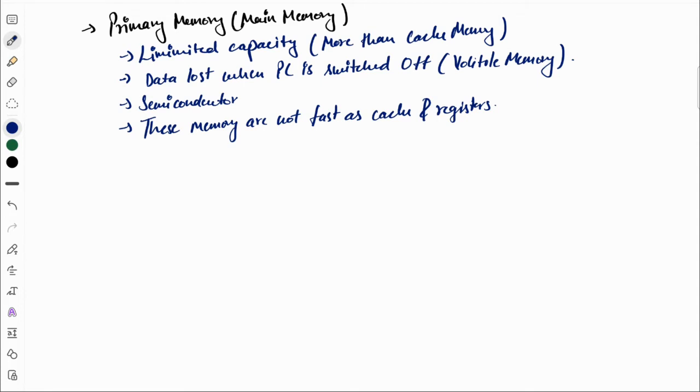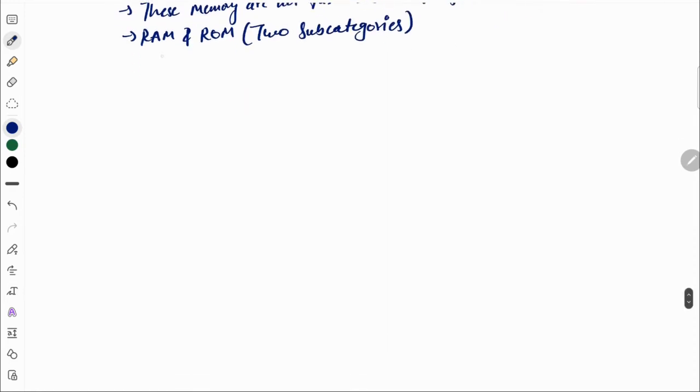It is divided into two subcategories, RAM and ROM. Full form of RAM is random access memory. Full form of ROM is read only memory.